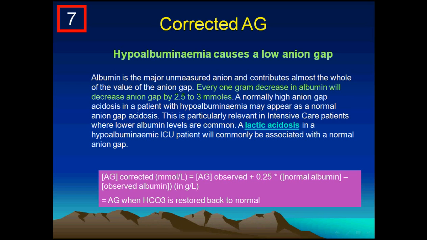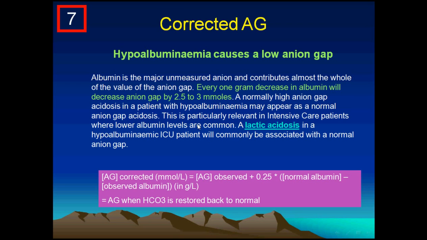Corrected anion gap. This is the problem when the patient has, as I have mentioned before, hypoalbuminemia. Hypoalbuminemia will be associated with an increase in the bicarbonate. As I mentioned before, a decrease of 1 gram of albumin will be associated with an increase in the bicarbonate of 2.5 milliequivalent per liter.